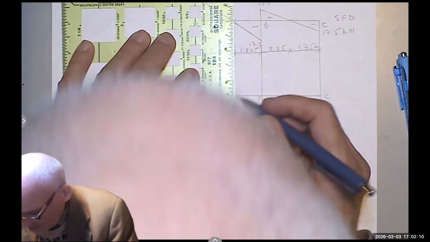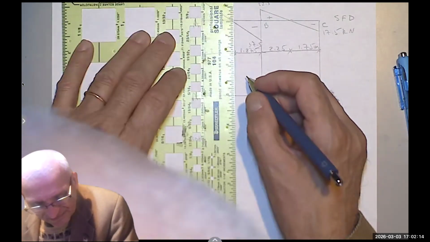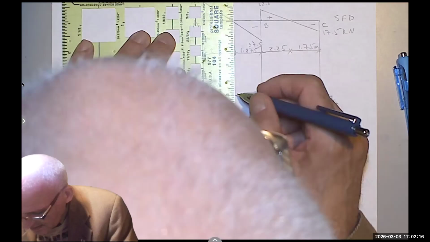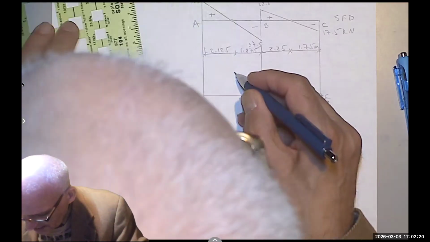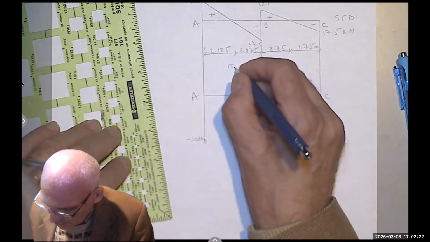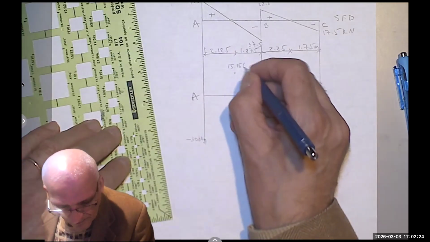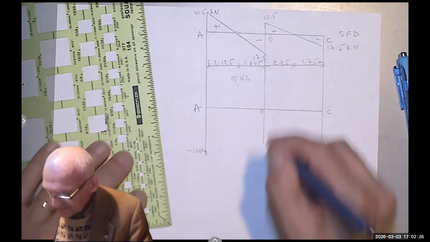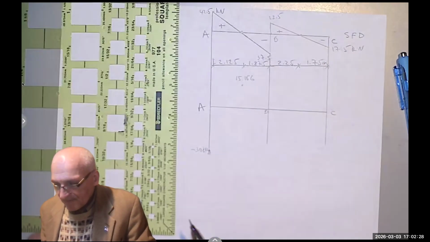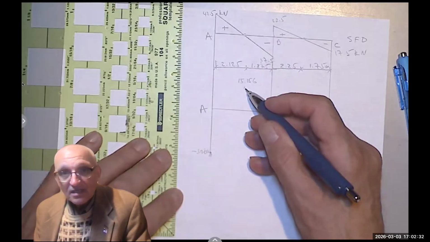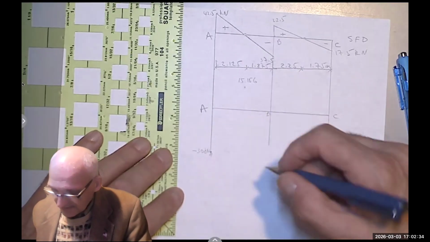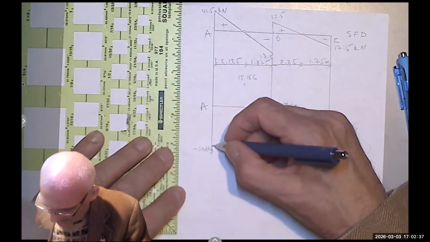It's not drawn properly, but if this is 10, it goes somewhere here. But the shear is linear, so the moment goes quadratic, right? It goes something like that.